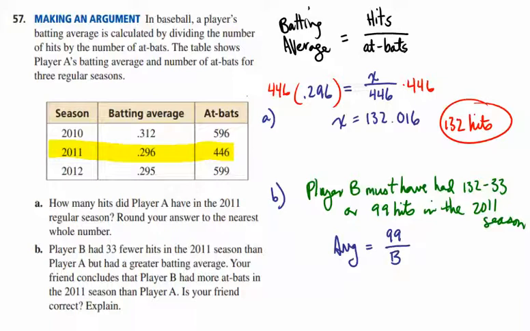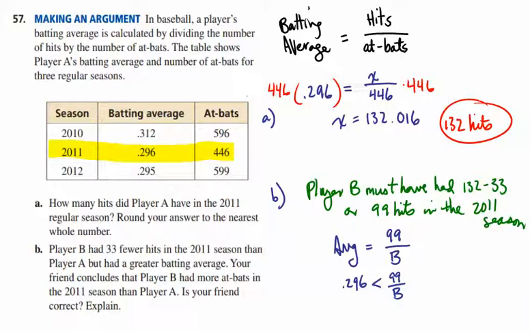We don't know the average and we don't know the number of at-bats, but we are told that player B has a greater batting average, and the batting average is calculated by 99 over B. So we know that the number of hits, 99, over the number of at-bats, unknown, has to be more than 0.296.